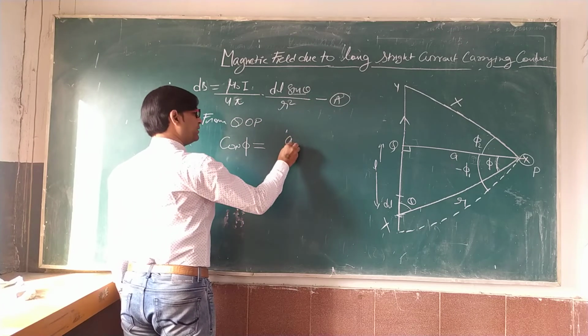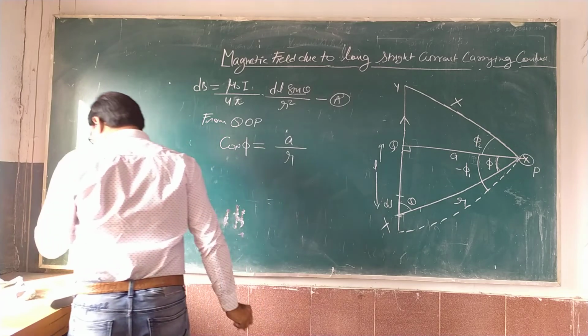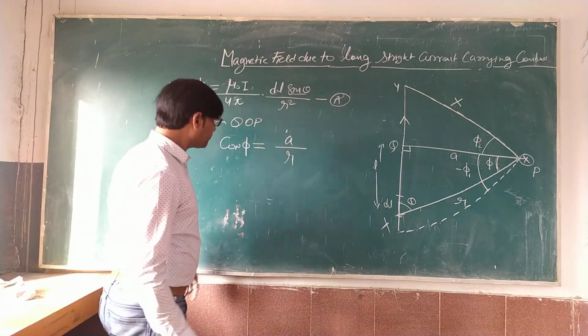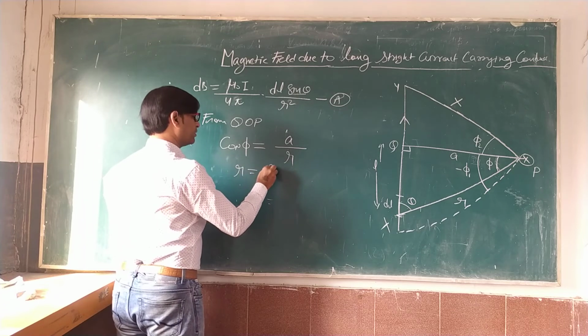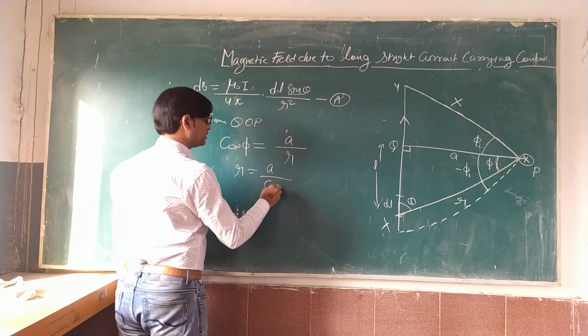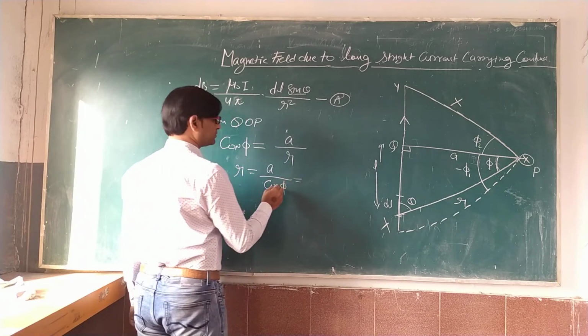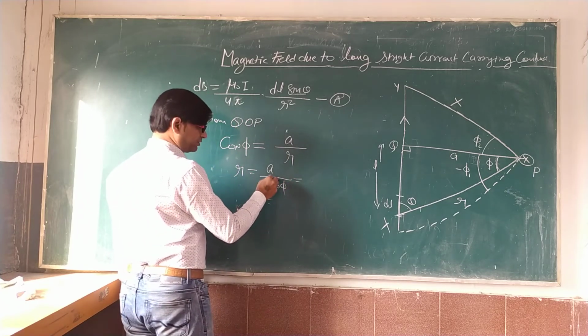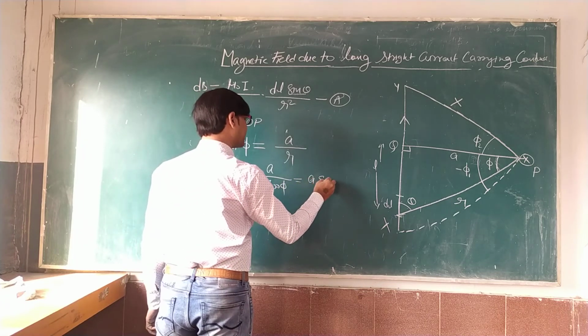Base is A, hypotenuse is R. So the value of R will be A by cos phi, because cos is in the denominator, so it will convert into sec.